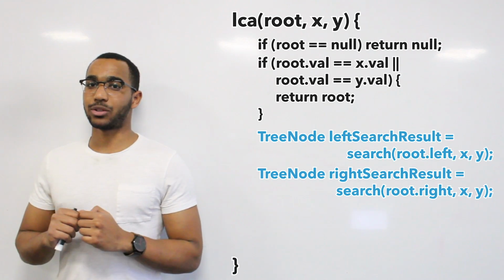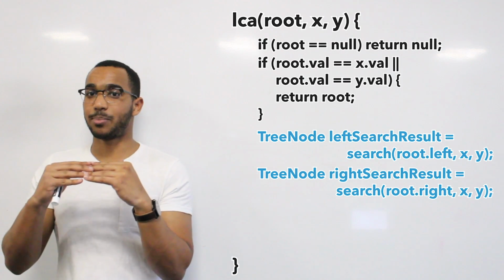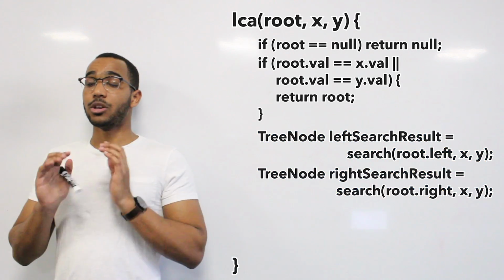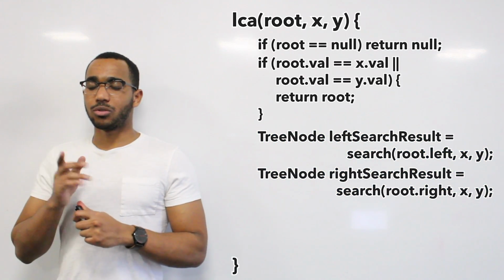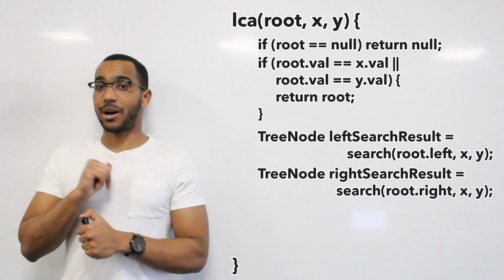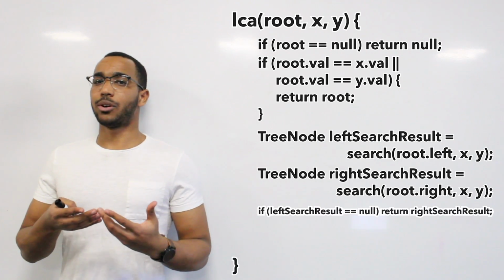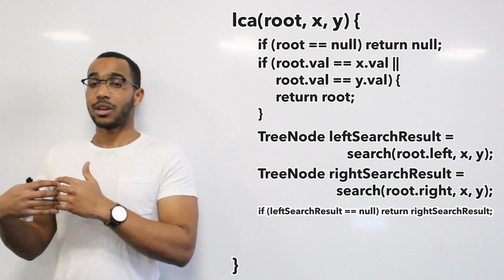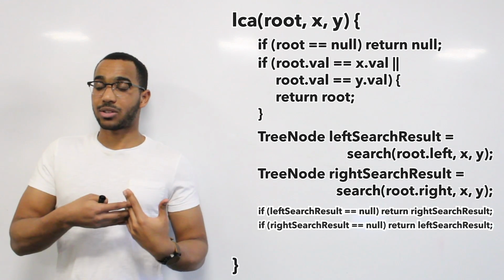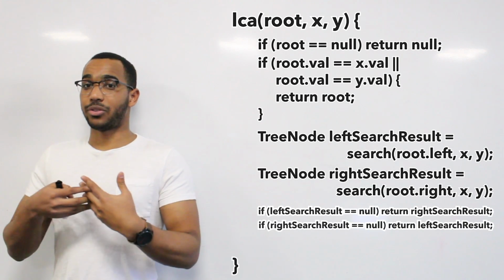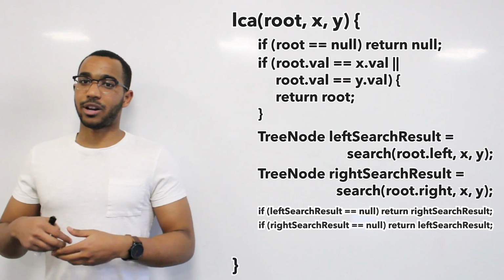Our results will come back to us because we just drilled downwards, base cases pushed back upwards. So what we need to do is look back to what we were just talking about, our cases. If I get nothing on the left, I just return what I got on the right. If I get nothing on the right, I just return what I got on the left. And I just put those there.